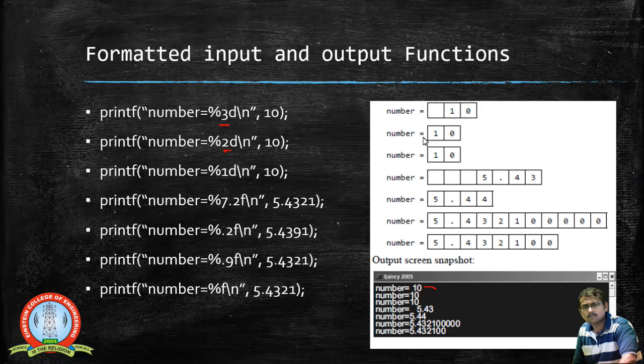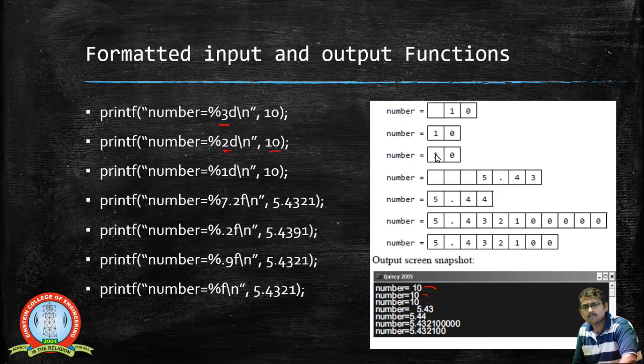Due to the left justification, the total width that I have specified here is 2. So I have only 2 characters, and these 2 positions are occupied by 1 and 0. So 10 will be printed as such, like this.